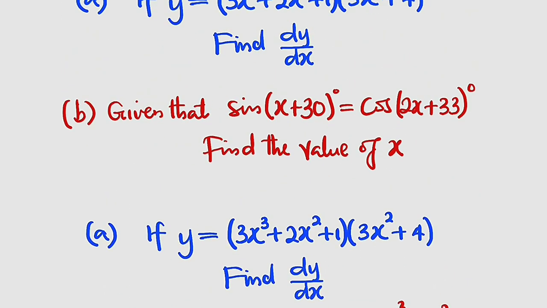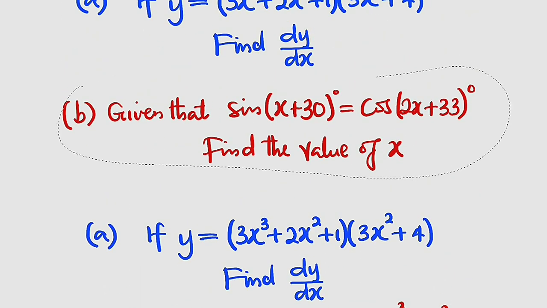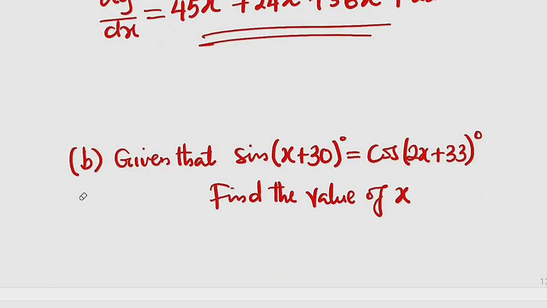Then the B part, let me just copy the question here. So the B part, we are asked to find the value of x, given that sine of x plus 30 degrees is equal to cosine of 2x plus 33 degrees. So if you are an international student, I'm sorry, because I know this question has infinitely many solutions, but I have to apply the marking scheme of our country.